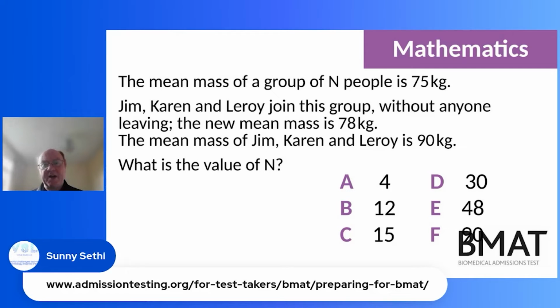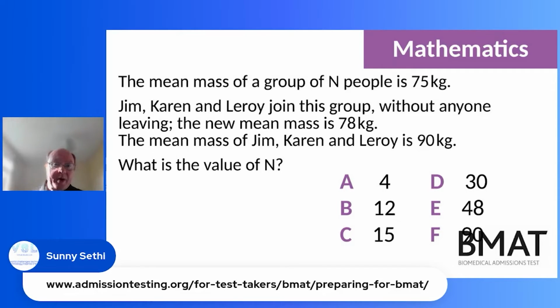You might think at first, oh, it's talking about mass again. Isn't that a physics question? It's actually asking you to calculate means and to know what the mean is in terms of total number and total mass and so on.